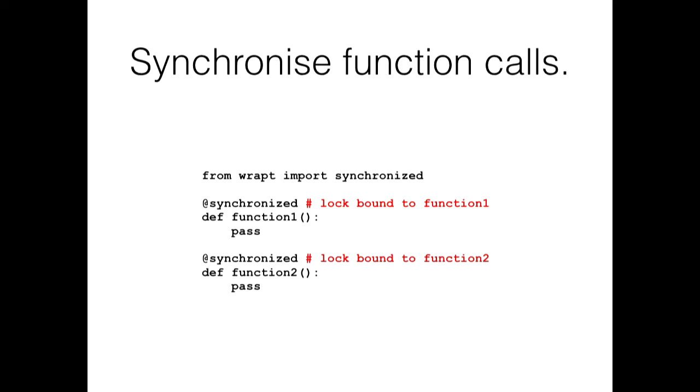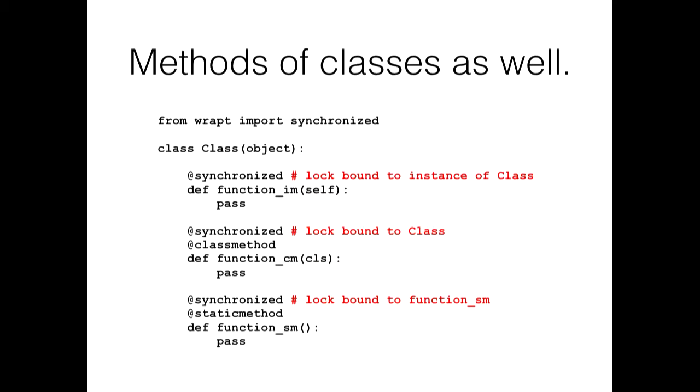So one of the bonus features in wrapt is this synchronized decorator, and it works very, very similar to what it does in Java. If you put it on a normal function, it locks that one function. If you put it on a method of a class, the lock will be bound to that instance of the class. If you put it on a class method, you're locking the class type. And if you put it on a static method, it locks that function.